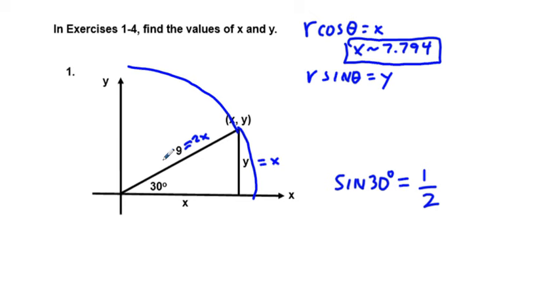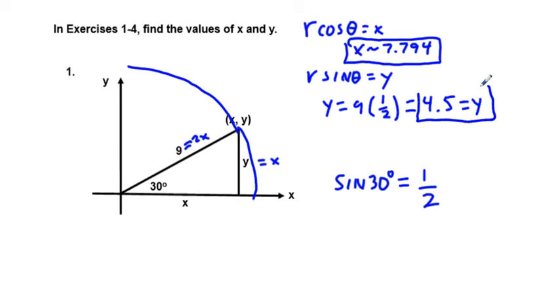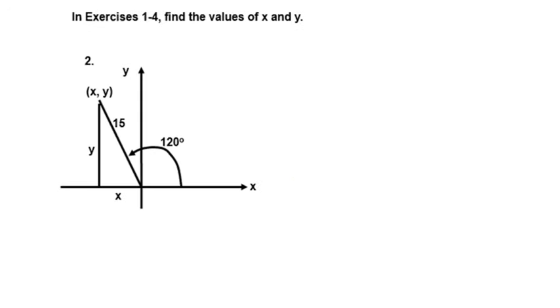So 1/2 of this 2x side, that's going to be this side here. So y is going to be equal to 9 times 1/2, which equals 4.5. So that equals y. Now notice I have x is approximately equal to 7.794, but y is exactly equal to 4.5.